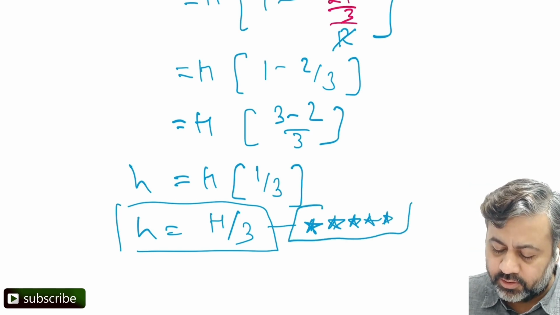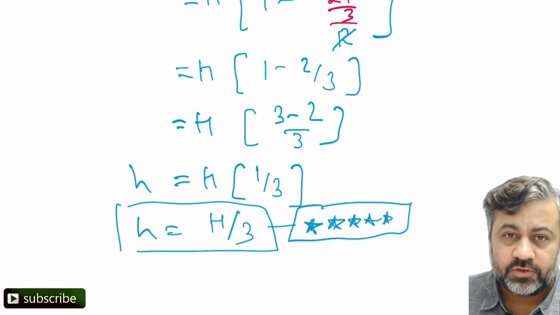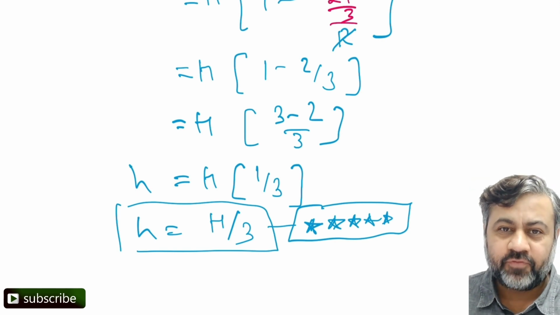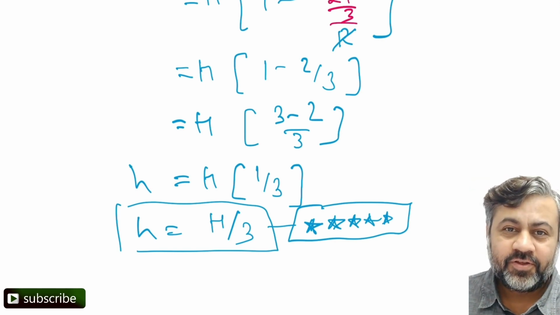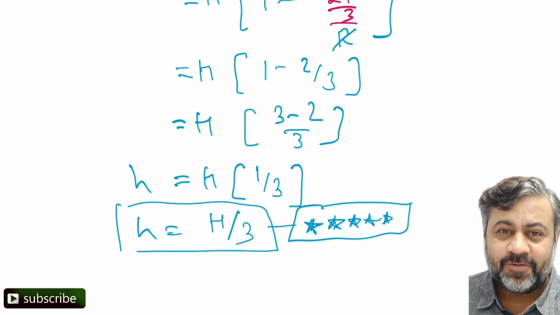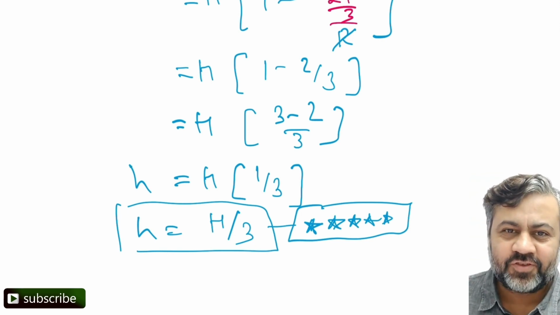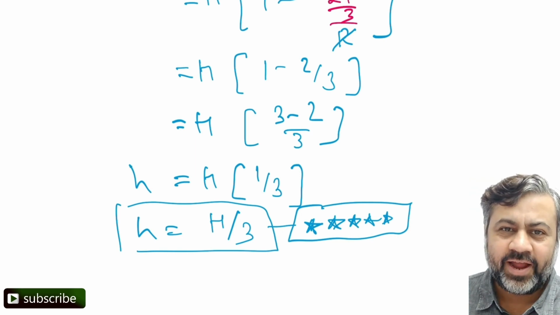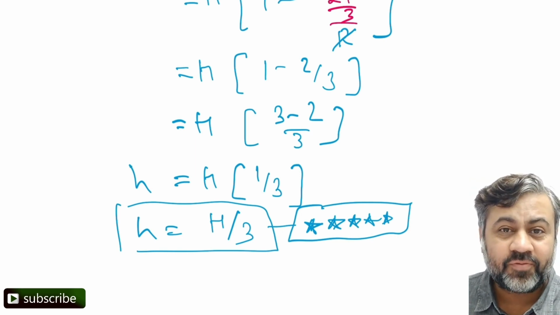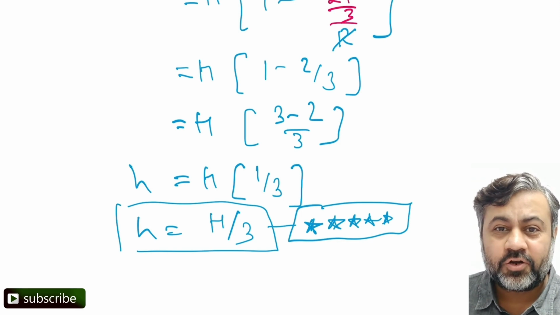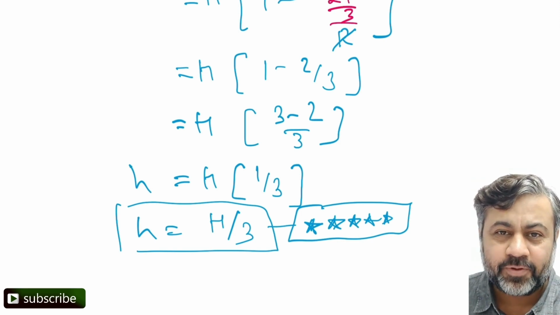Again I am saying, the way we have begun this question is more important. I observed that in that triangle we are getting two similar triangles, and comparing their height with the base, we got the height of the cylinder in terms of the radius of the cylinder. Then we substituted that in the formula of the volume of the cylinder to convert a two variable thing into a single variable function.